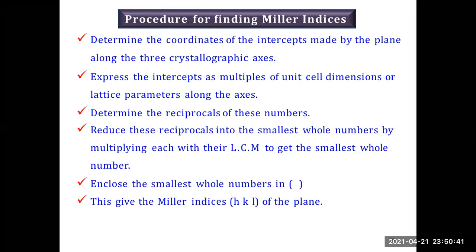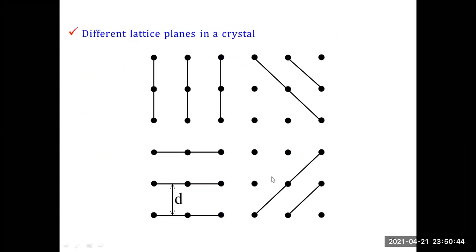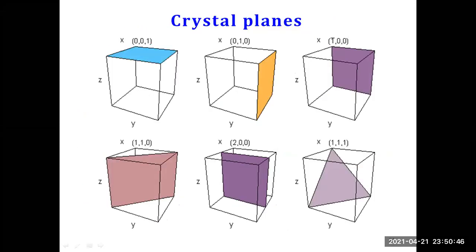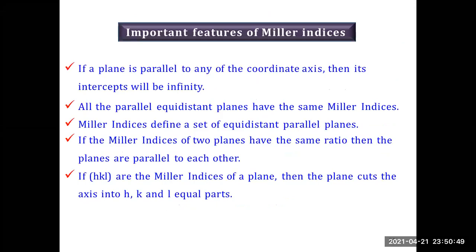You need to remember these important postulates of the Miller indices, which we have not discussed in the last class. We discussed what a crystal plane is, a crystal lattice, the interplanar spacing, and how you can evaluate interplanar spacing mathematically. So one part of Miller indices was remaining.